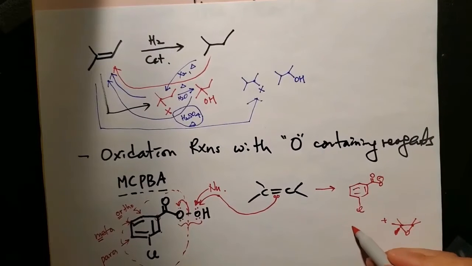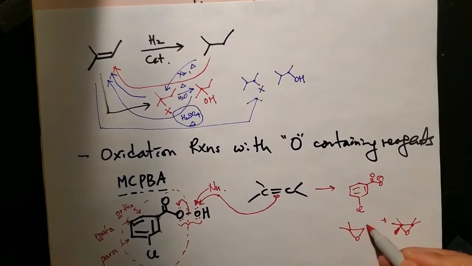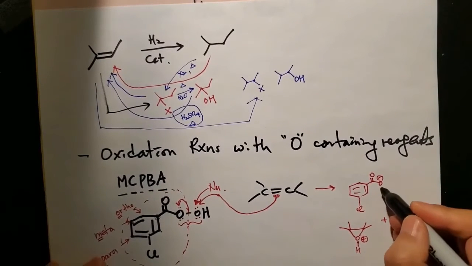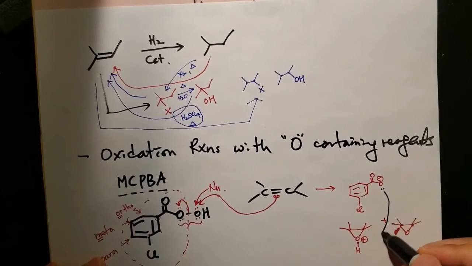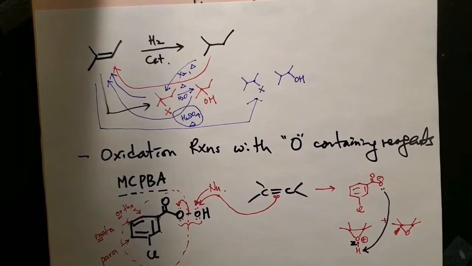Okay, the product would be this, with hydrogen positive. Then you can say this oxygen is able to remove the hydrogen to make the epoxide as product.